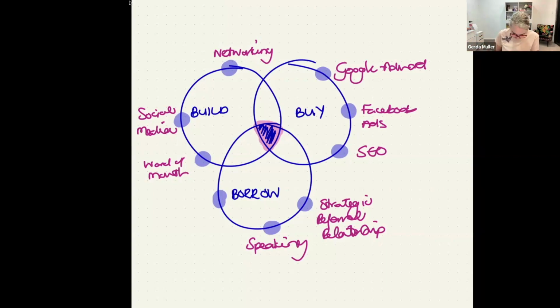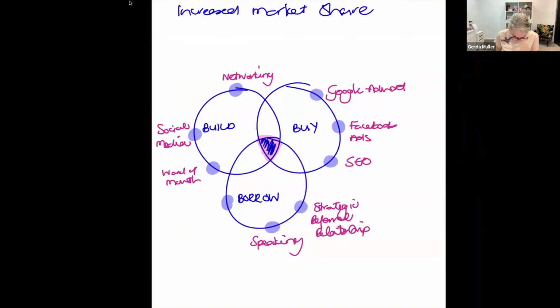And then finally, another easy way to borrow is, for example, Facebook groups. Now, Facebook groups is different to what I have under build as social media, because a Facebook group could be where you are part of a group and the people in there, whether it's clients or clinicians, remember we can apply this to building our clinician audience as well, are already in there.